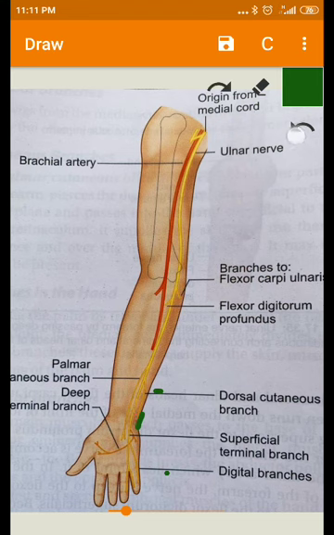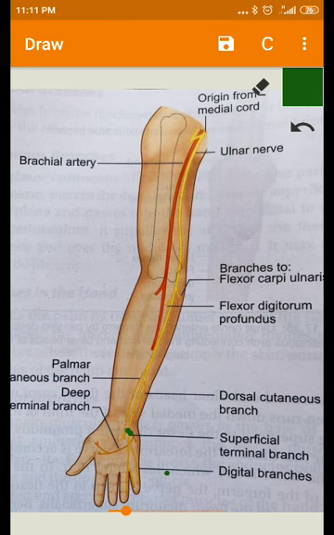The nerve enters the hand by passing superficial to the flexor retinaculum through the ulnar canal. So above the flexor retinaculum, the ulnar nerve passes through the ulnar carpal ligament, also called the ulnar tunnel.